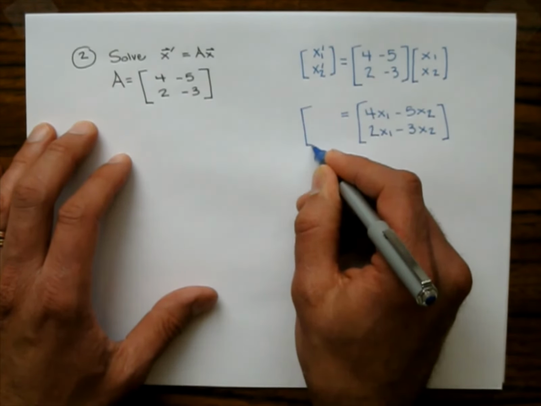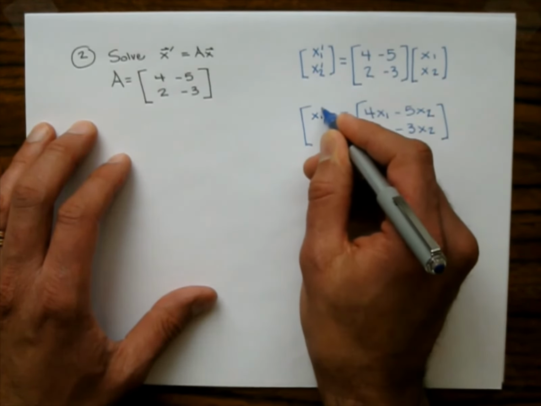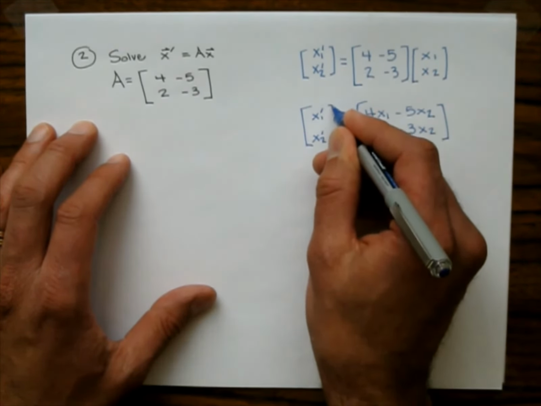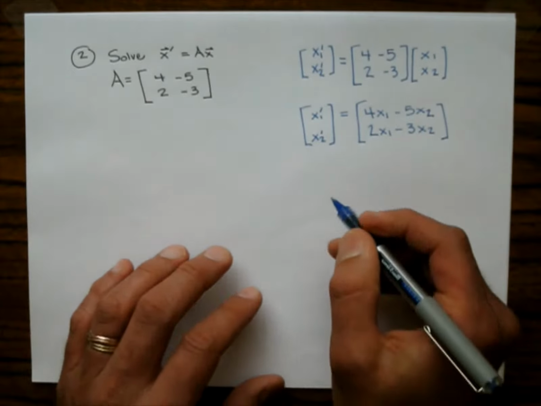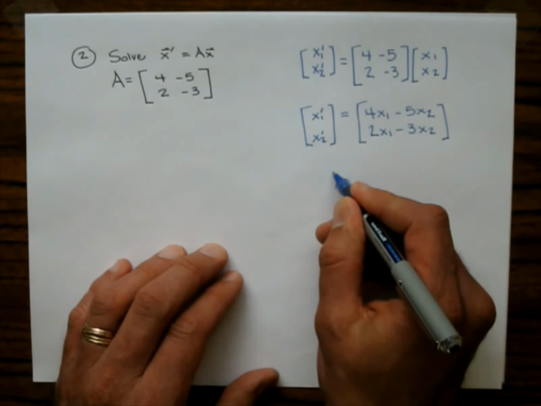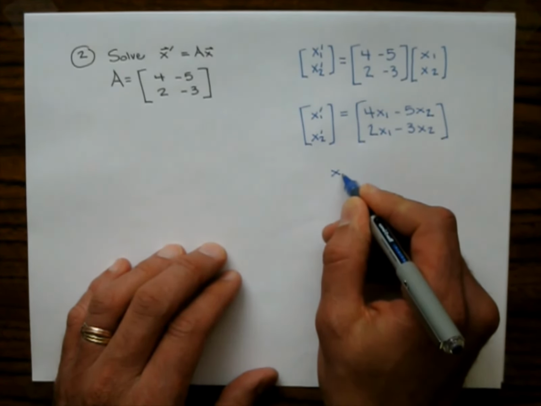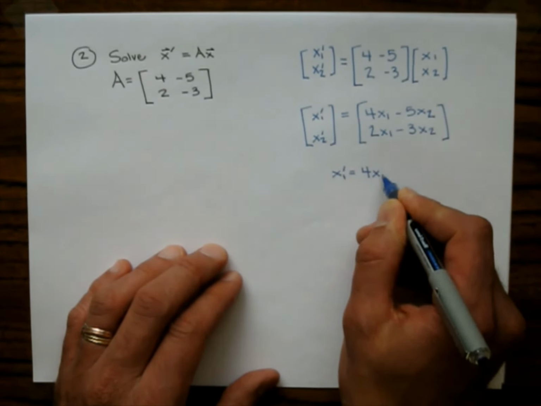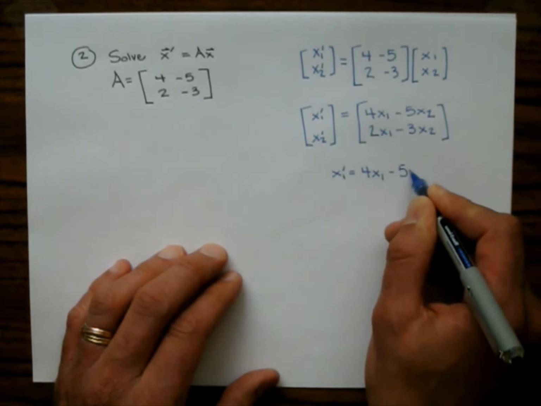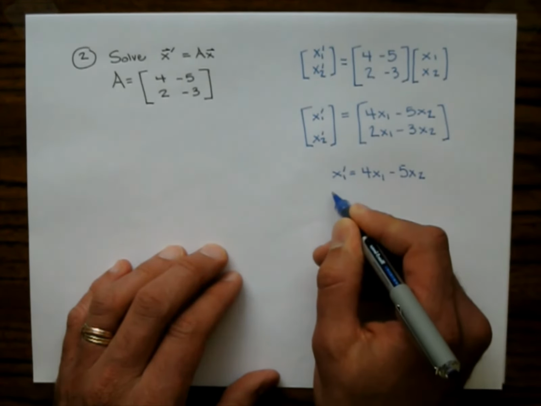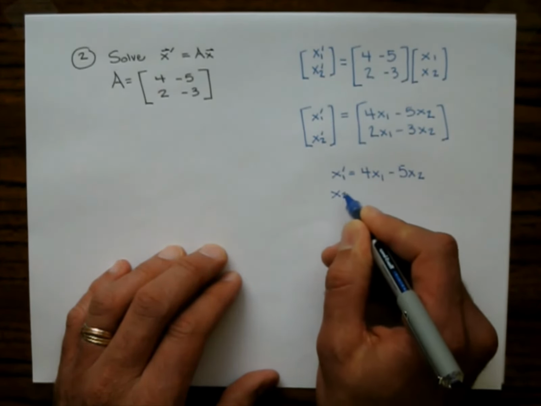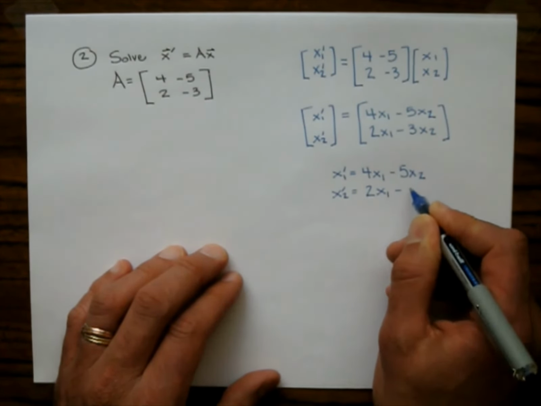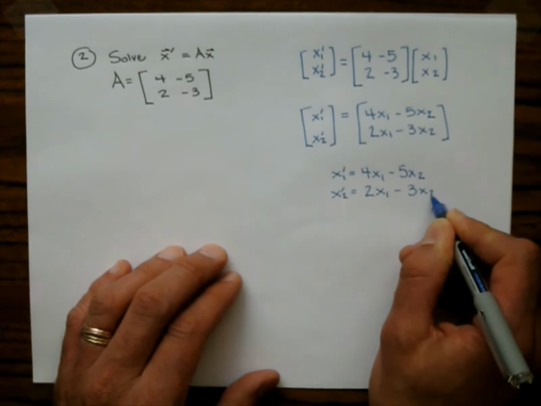And then this one right here says x1 prime and x2 prime. Let me just write this out so it looks nice without the matrices. This is x1 prime equals 4x1 minus 5x2. And then this is x2 prime equals 2x1 minus 3x2.